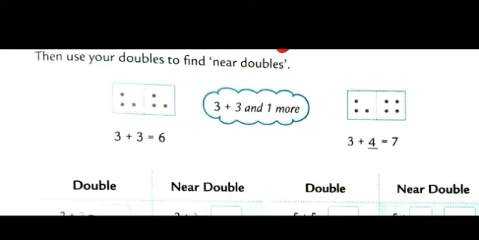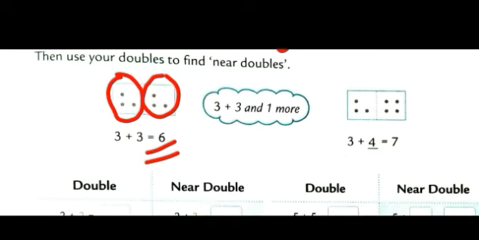Now to clearly understand the meaning of doubles and near to double, see this example. In the first box there are 3 dots. To know the double of 3, we will again add 3 more dots. That means the same number we will add. So we will get the double of 3. That is 6. But if we want to know the number near to double, instead of adding 3 again, we will add 1 more to that.